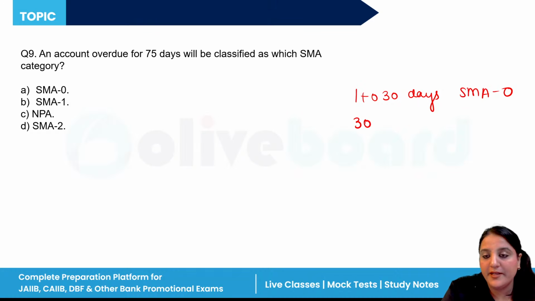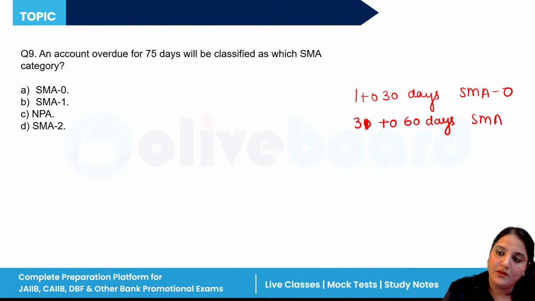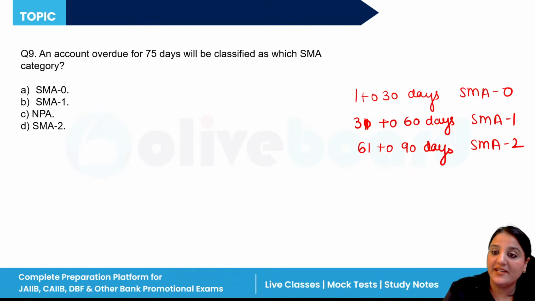For 31 to 60 days, it is SMA 1. For 61 to 90 days, it is SMA 2. So in which category is this? It is SMA 2. Option D.